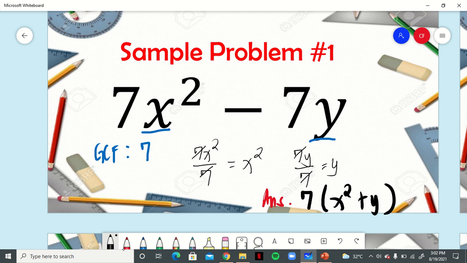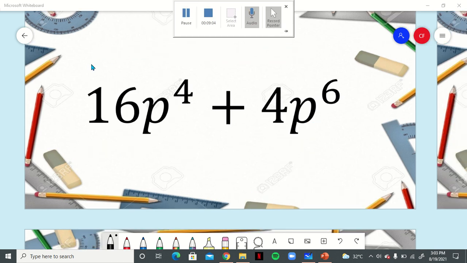Okay? So, ito po yung final answer. Kung kopyahin lang natin yung 7, yung GCF natin, and then kung ano yung result dito sa division na pinarform natin, ito po yung nasa loob ng quantity. So, ito po yung final answer. 7 times the quantity of x squared plus y.